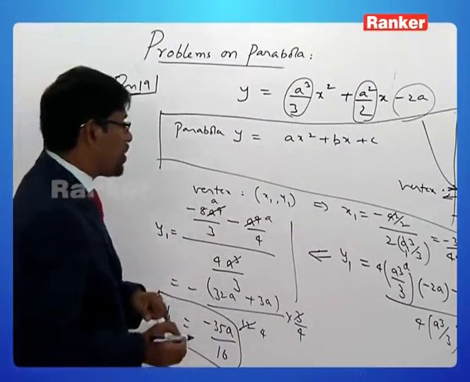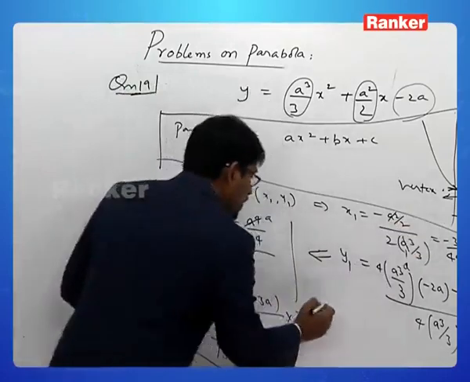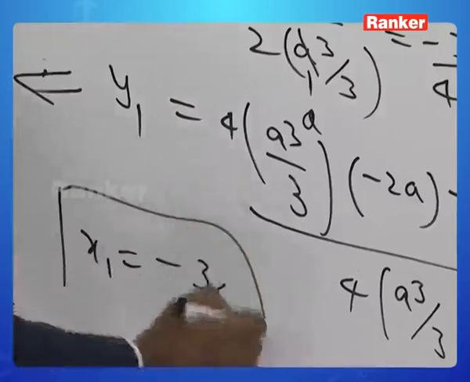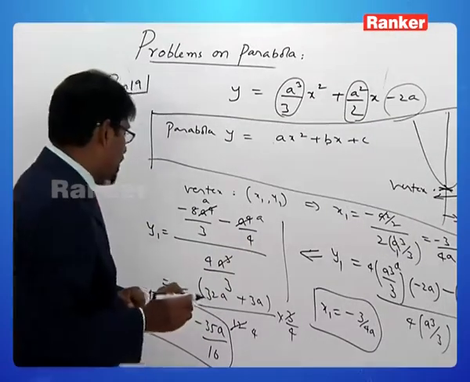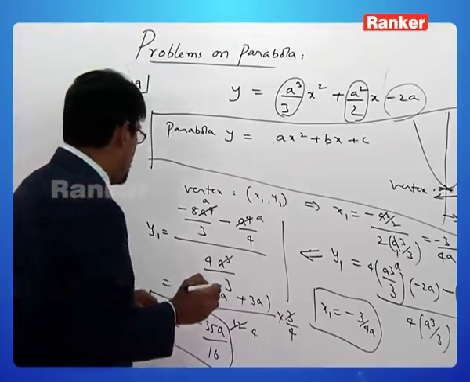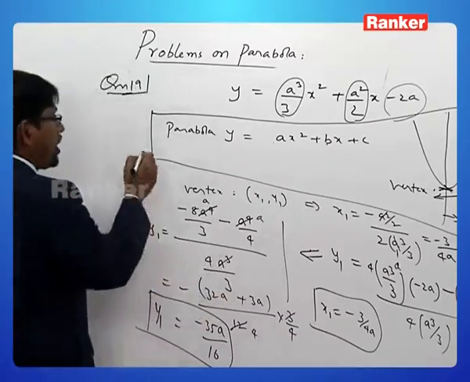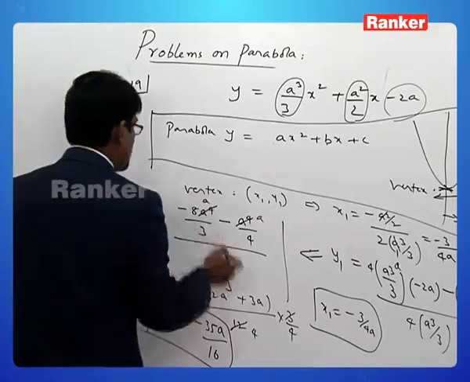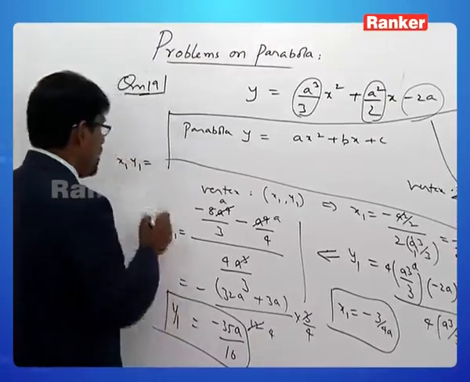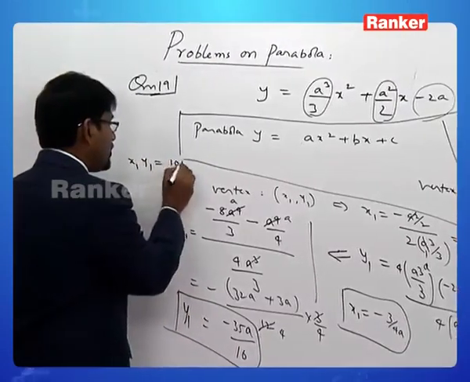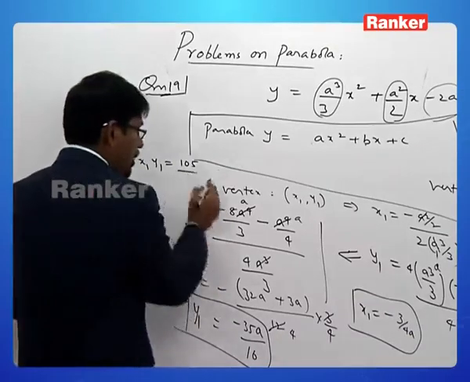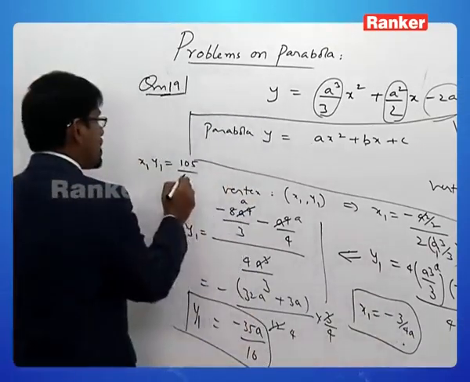And what did we find x1 to be? x1 was minus 3 by 4a and y1 is minus 35a by 16. From these two we can multiply them, and x1 into y1 will be equal to 3 into 35, 105, and 4 into 16, 64.